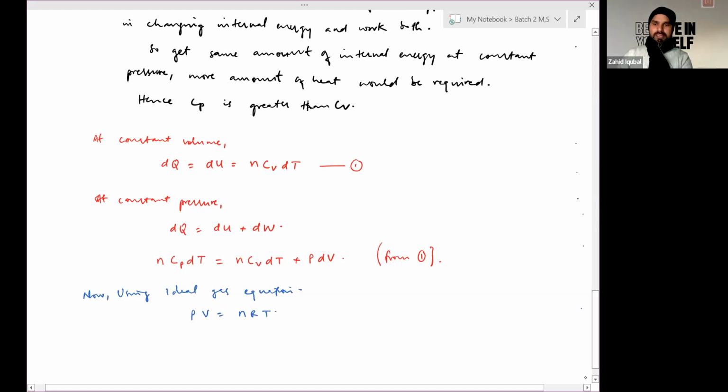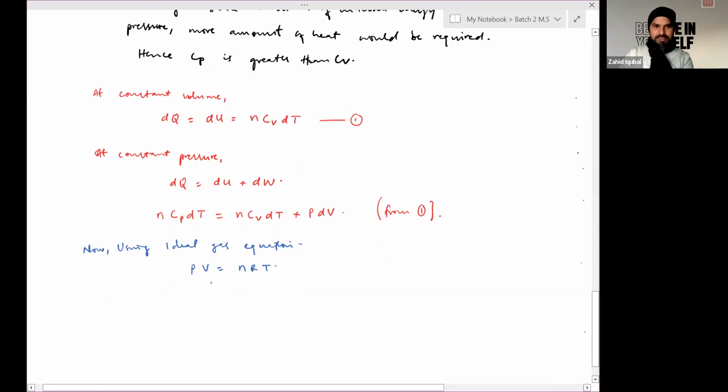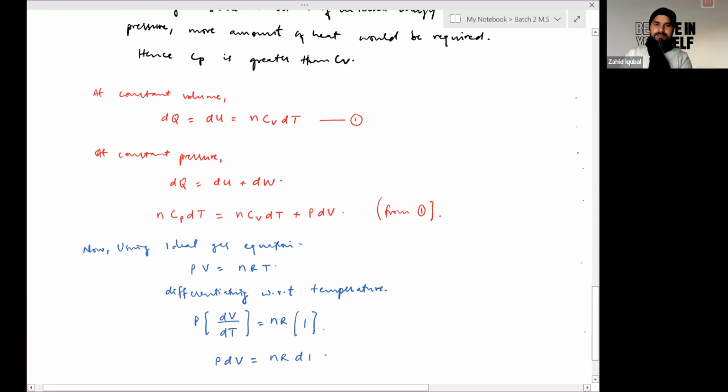Since in this part, we have constant pressure, just differentiate this entire term with respect to temperature. So P is constant, keep it outside. Volume dV by dT. n into R is constant, keep it outside. Differentiation of temperature will be 1. So on rearranging, you will get PdV equals to nR times dT.